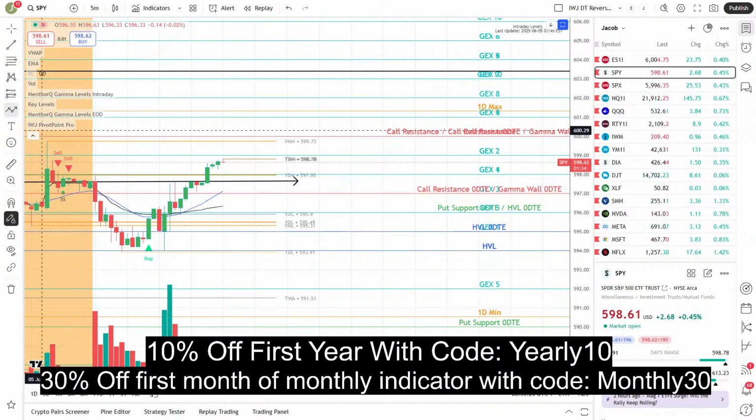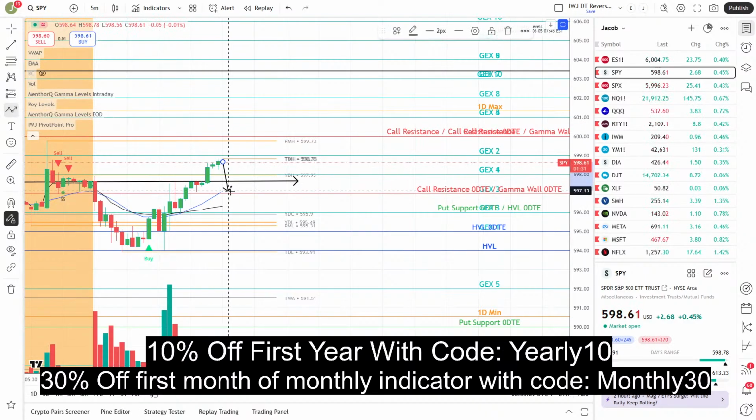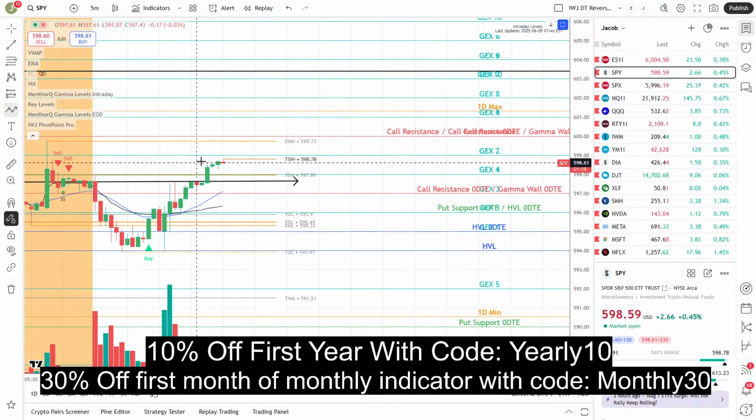I think the best you're going to see is a test of the 21 right here, which is 597.13. So that's a $1.50. That's not a terrible trade. But I think that's probably the max based on options pricing and how slow we're moving. But we'll see. If this bar stays red, I'll stay on for one more and we'll see how it goes. But I want it to not be a doji.